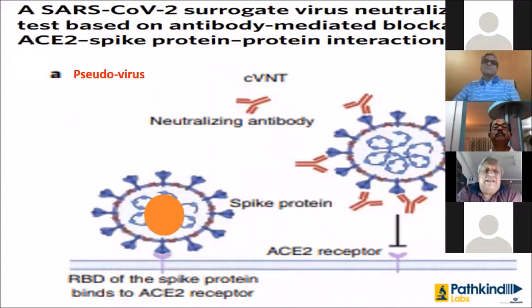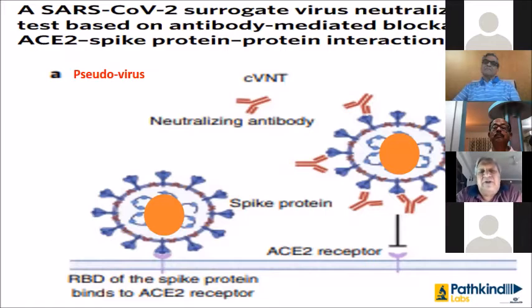So scientists in America as well as in China made a virus where the gene of the spike protein was inserted into an ordinary virus, which is non-pathogenic. So when you insert the spike protein gene into a virus, this becomes a pseudovirus.